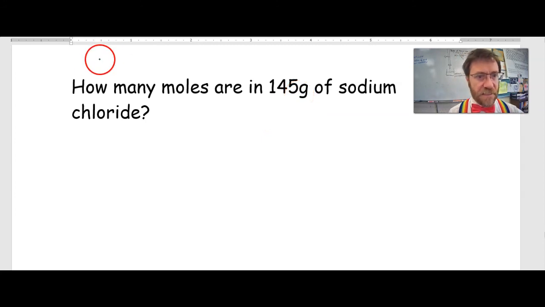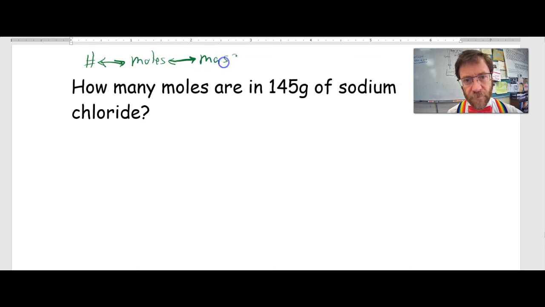All right, so let's get our roadmap here. Remember, it's numbers, moles, mass. And it looks like here how many I need to get here. And so I'm going from mass to moles, right? And it's going to be sodium chloride.